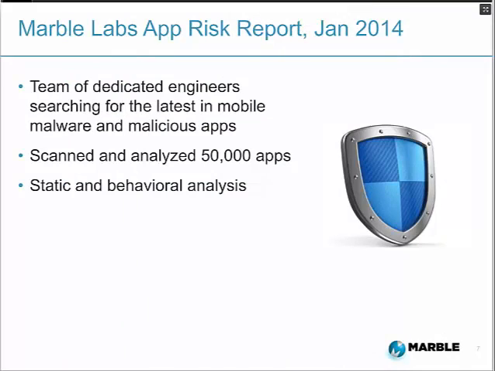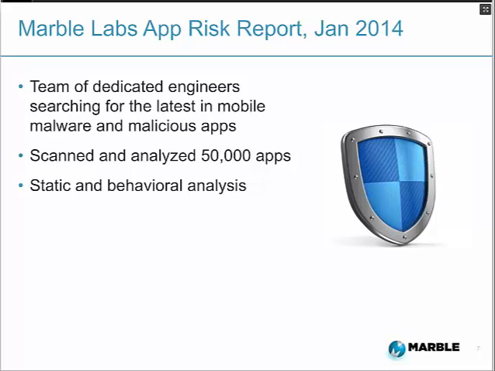So let's briefly jump in to the app risk report for January 2014. This is based on research done by the Marble Security Labs team. It's a dedicated team of engineers looking for the latest in mobile malware and malicious apps.